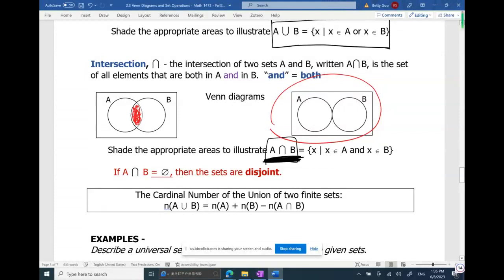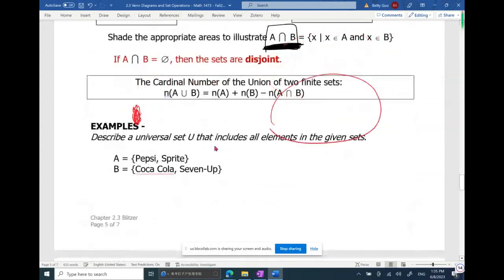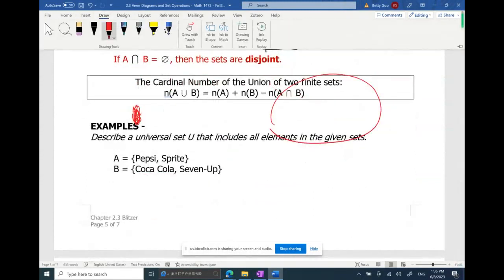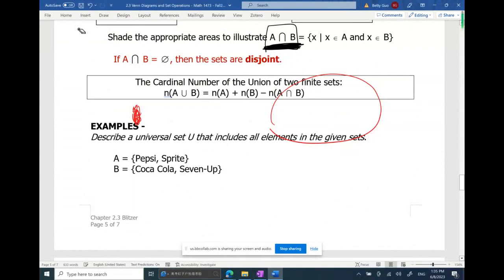We talked about the empty set yesterday. All right? So those are the concepts about union and intersection. Very basic and important. Union and intersection.